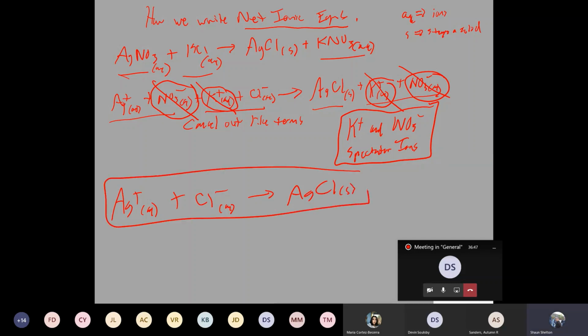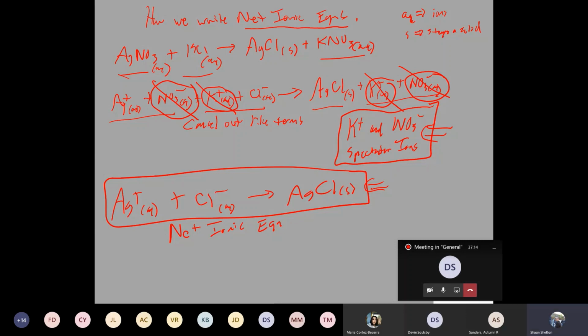Now that is what's left over. That is called the net ionic equation. So we have our spectator ions here, and then we have our net ionic equation here. Those are the 2 things that you are responsible for learning and figuring out in these types of reactions.